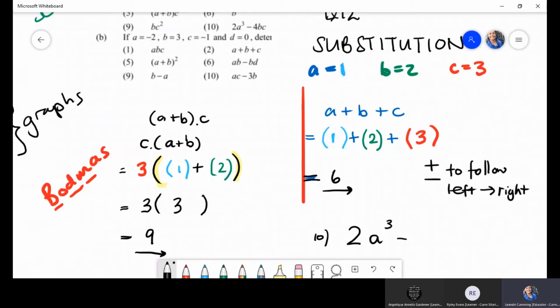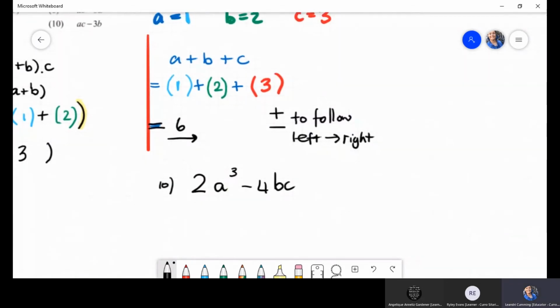2a cubed minus 4bc. Work in my book nicely underneath each other. Keep my 2, it's still part of my equation. I substitute a for 1, but still to the power of 3, minus 4.